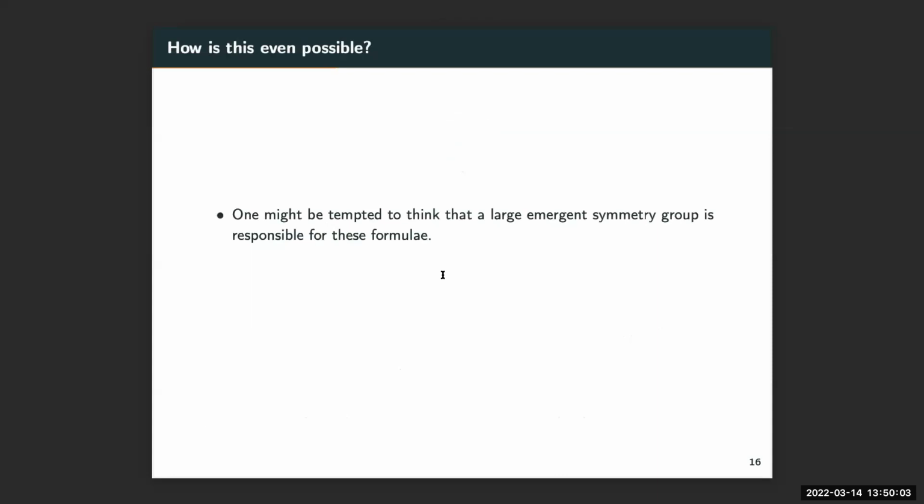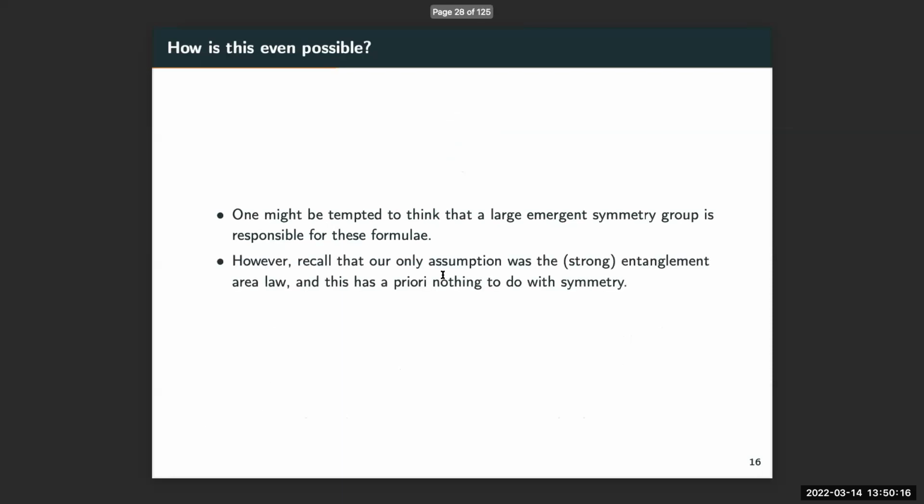So you might be thinking, how is this even possible? One might be tempted to think that maybe there's a large emergent symmetry group which is responsible for these formulae. But I'd like to emphasize that really the only assumption that went into this was the strong entanglement area law assumption, which has a priori nothing to do with symmetry.